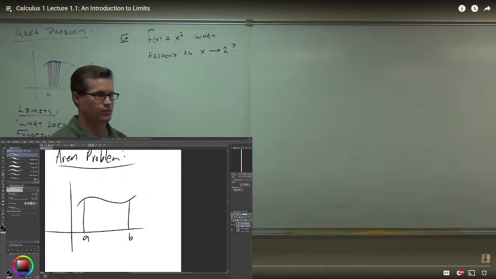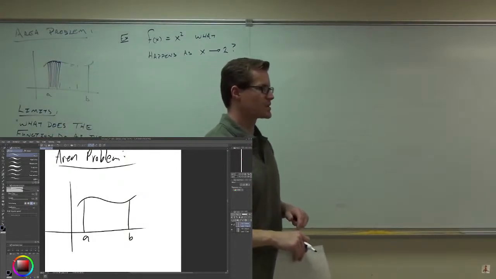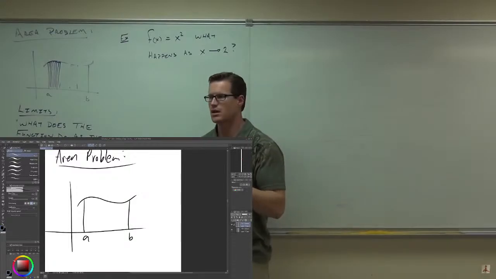That's x approaches 2. I could have written it in English, but that's just as valid. What happens as x approaches 2? Now, do we care what happens if you plug in 2? No.